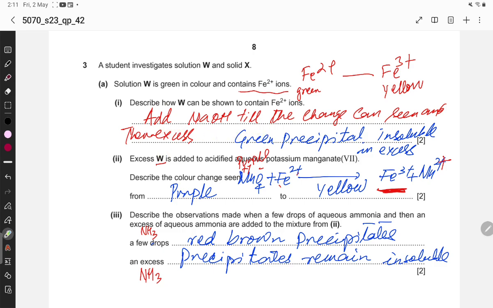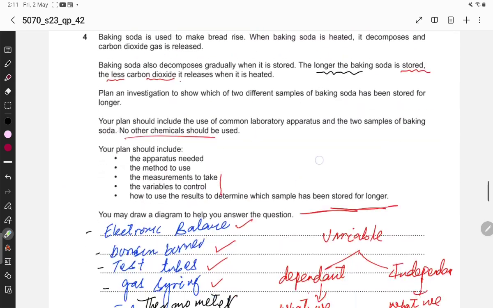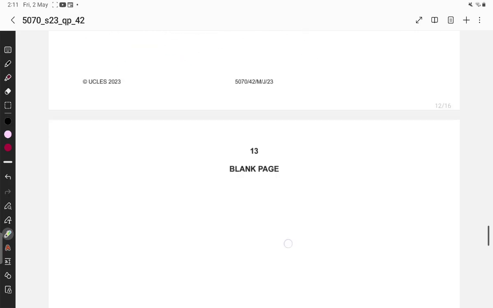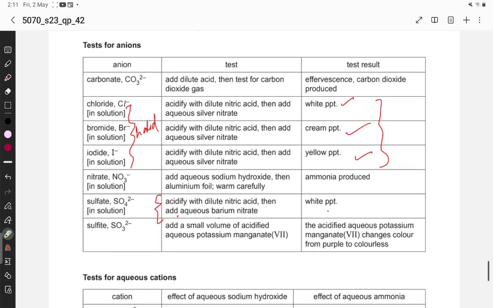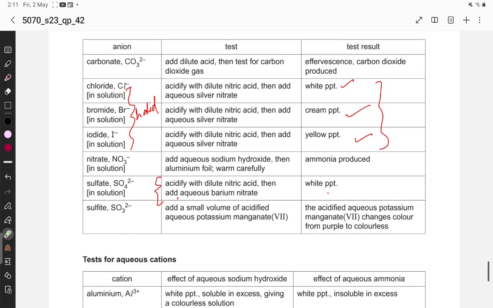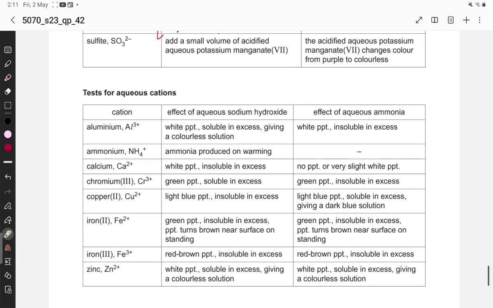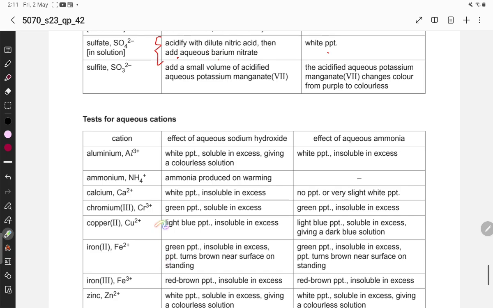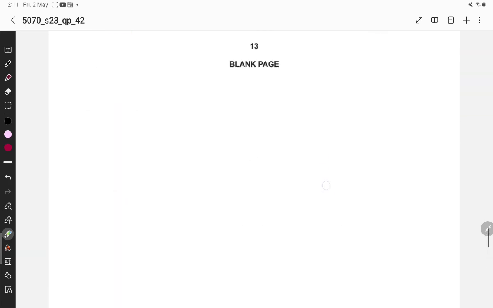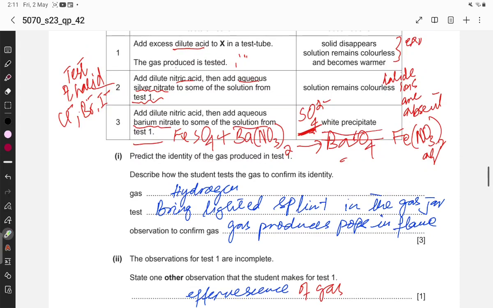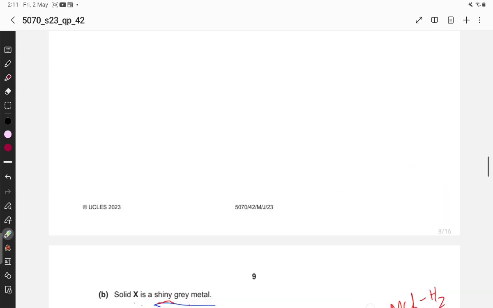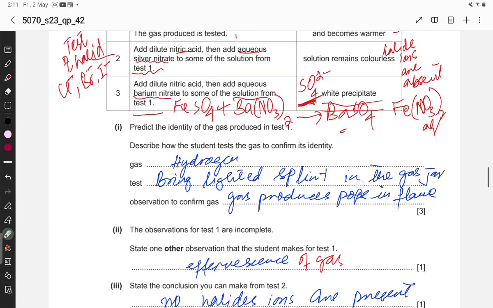If you don't know the test of cations, you can see the cation tests over here. So write down the test of cations.